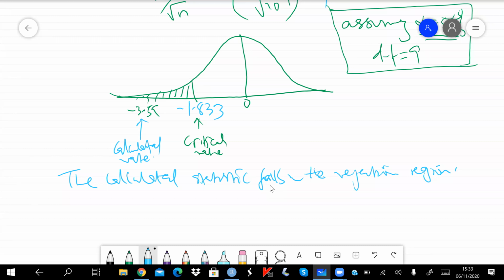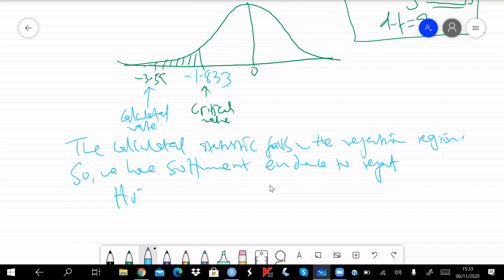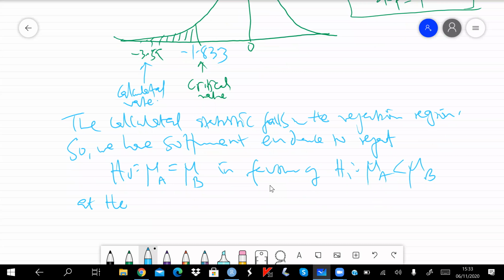So we have sufficient evidence to reject H naught, that mu A is equal to mu B, at the 5% level of significance, in favor of H1, that mu A is less than mu B, at the 5% level of significance.